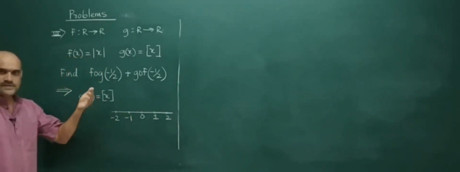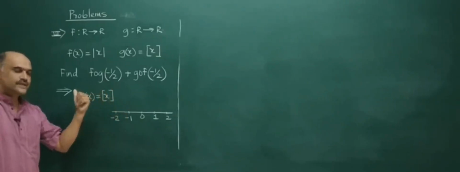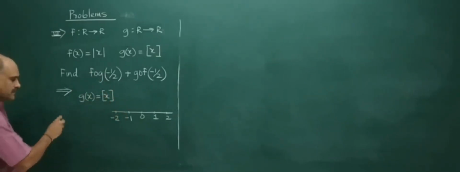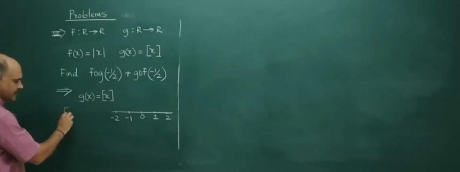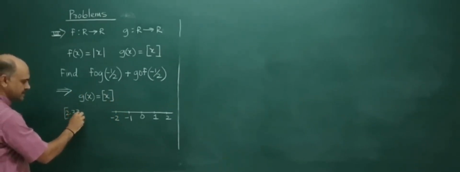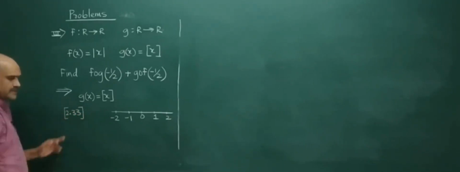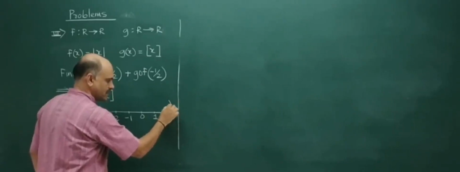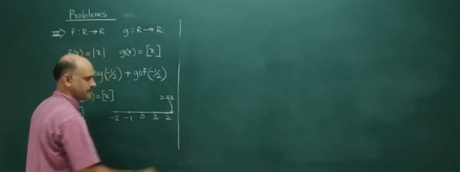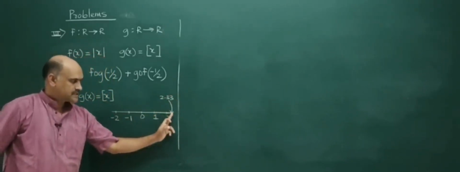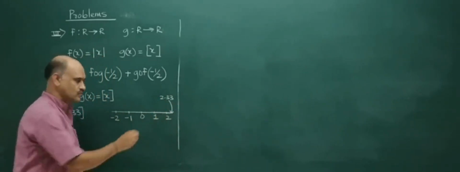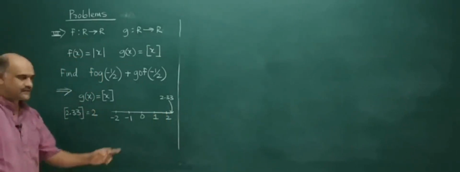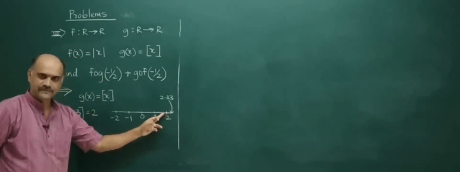This denotes the integer just to the left of a given number. For example, if it is 2.33, it will come over here. The integer just to its left is 2, so its answer will be 2.